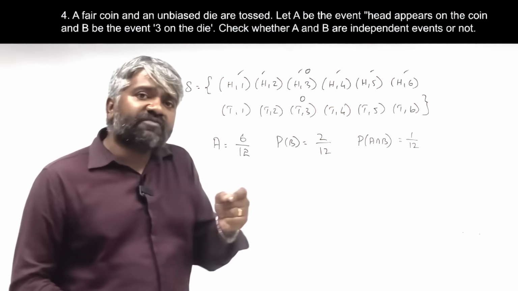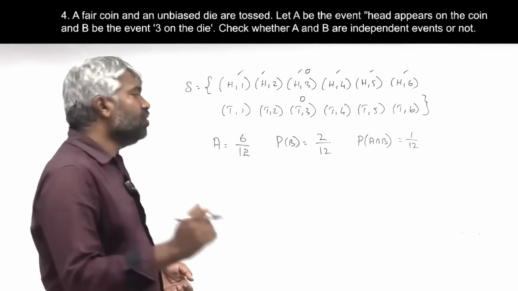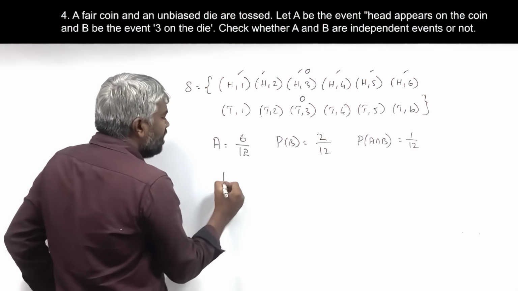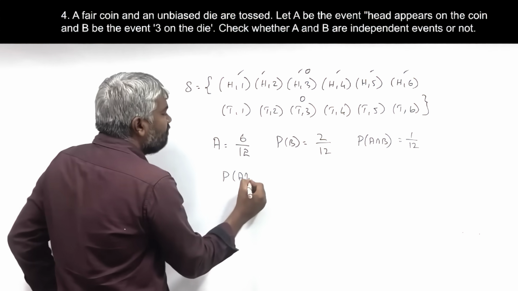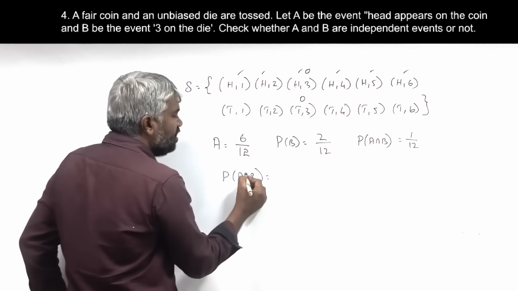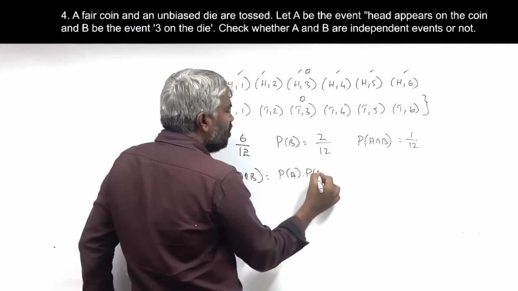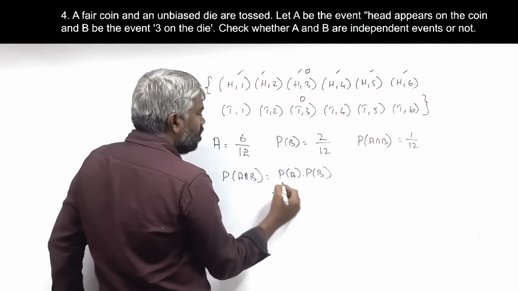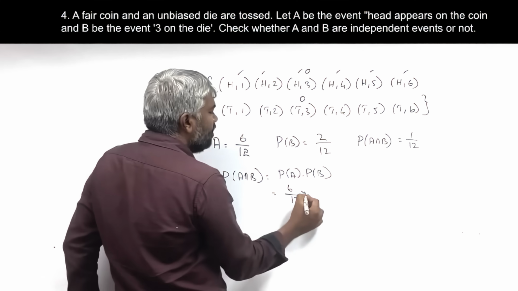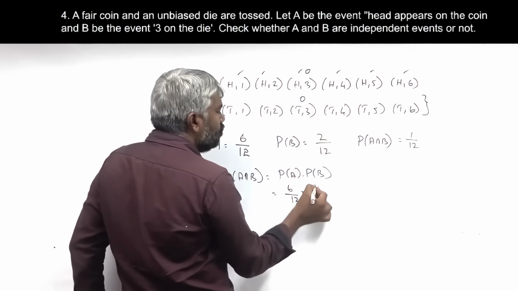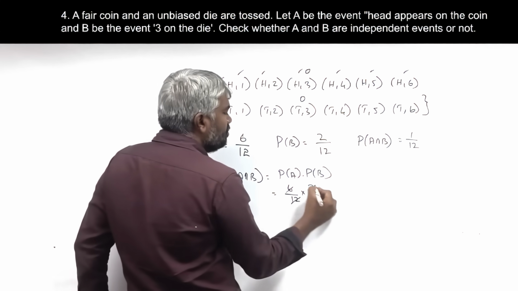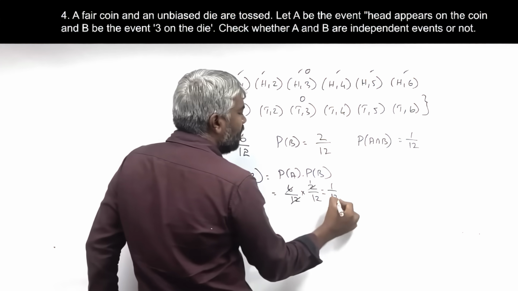Now I am going to check whether they are independent or not. The condition is that for independent events, P of A intersection B equals P of A into P of B. So what is P of A? 6 by 12 into 2 by 12, cancel, which comes to 1 by 12.